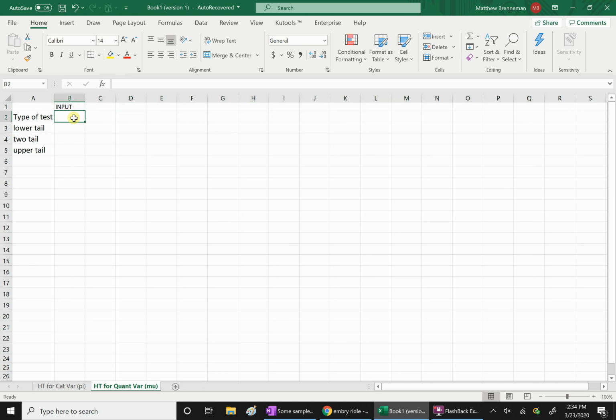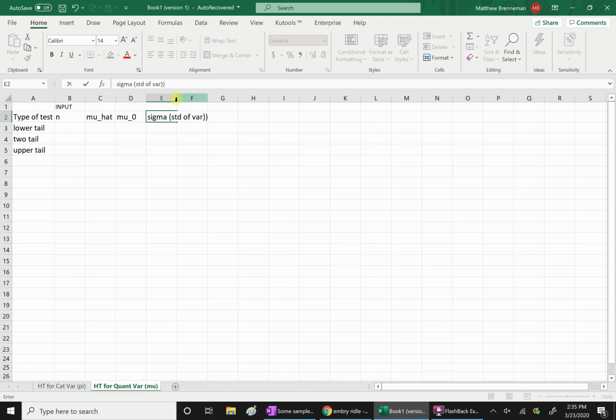we're going to need sample size. We're going to need mu hat, our sample mean. We're going to need mu sub 0, in other words, the mean under the null hypothesis. And we're going to need sigma. This is going to be the standard deviation of the variable.